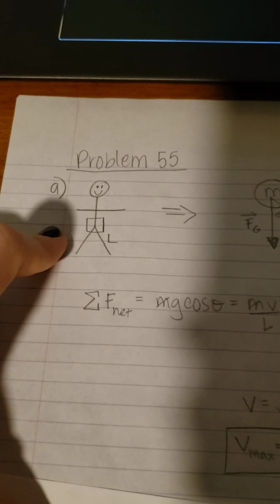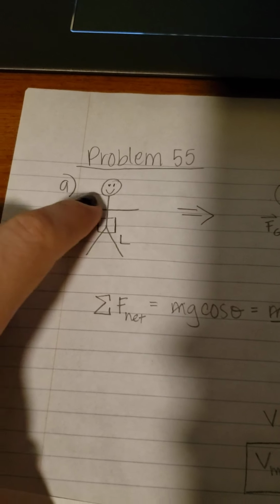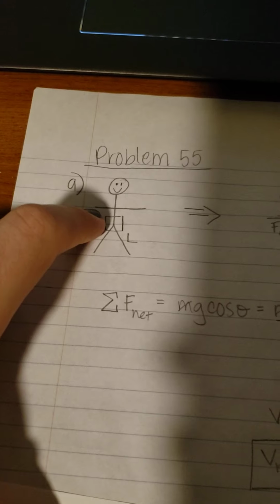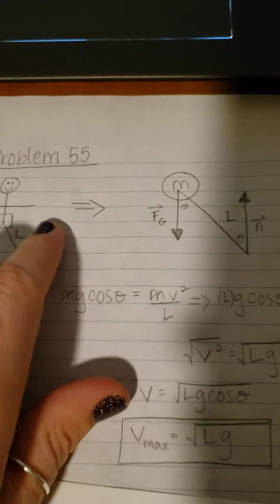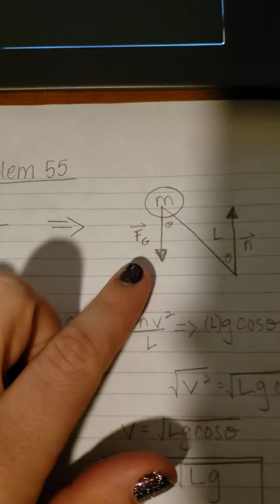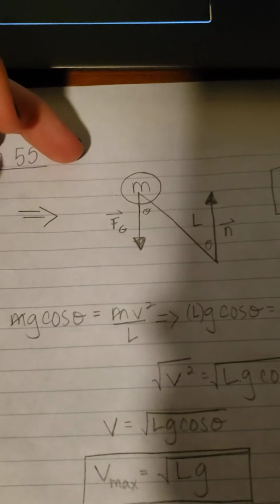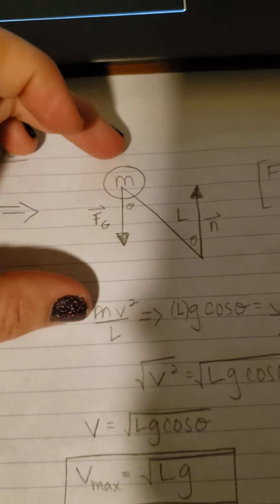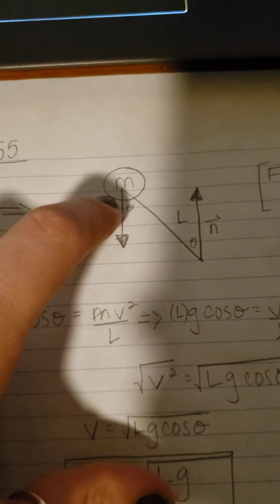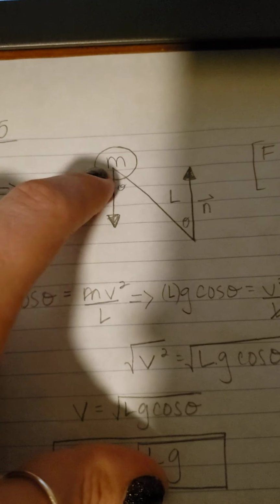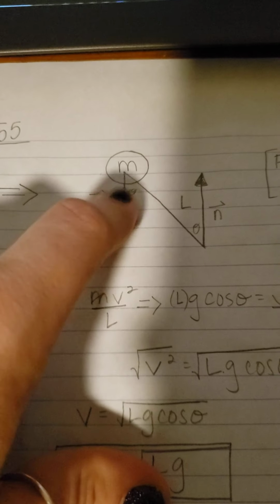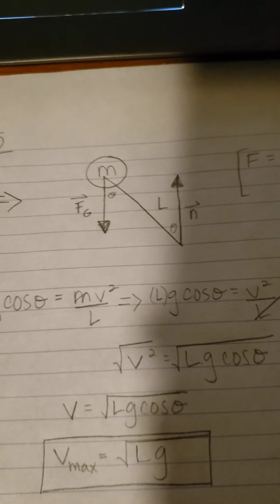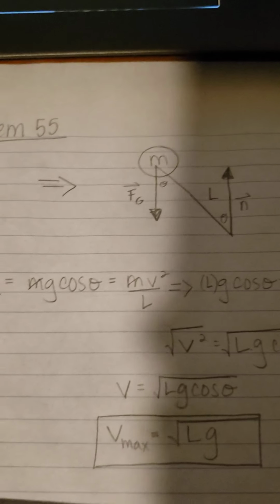I've just gone ahead and drawn our little guy here. We've got his center of mass right above the hips, his leg length L, and to draw that a little bit better, we've got our mass M at the center of the hips, his leg L, with a normal force going up from the bottom of his feet and the force of gravity coming down from his body.